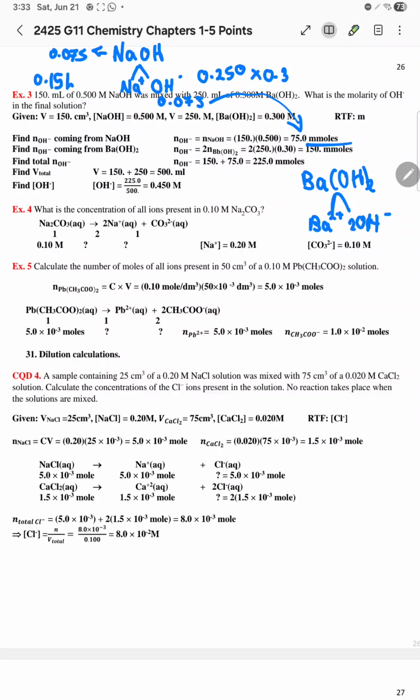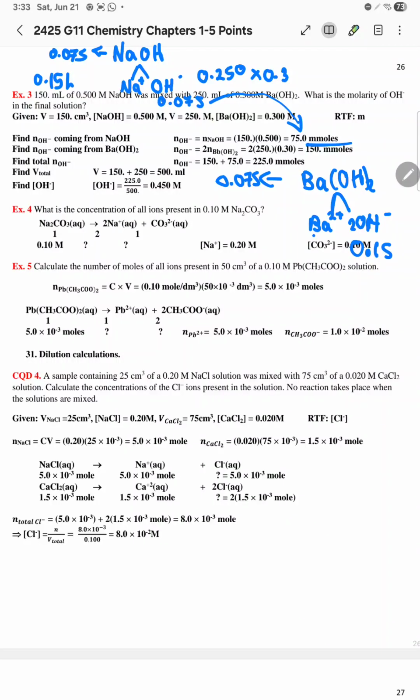No, it's not. 0.250 times 0.3 is gonna give us 0.075 also. So this has 0.075. Ba is also gonna have 0.075, but OH is gonna have that times 2 because there's 2 OHs, which makes 0.15.